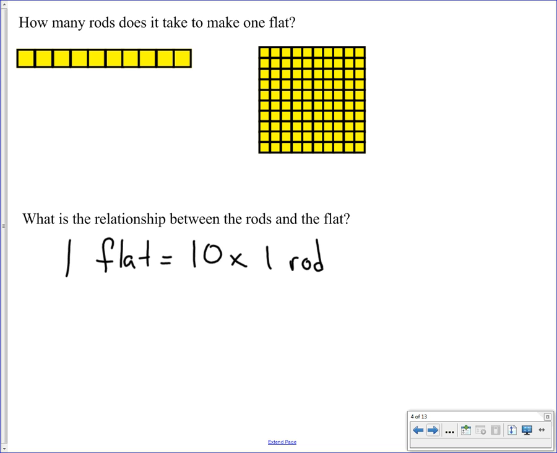In other words, the hundreds place is 10 times the tens place.